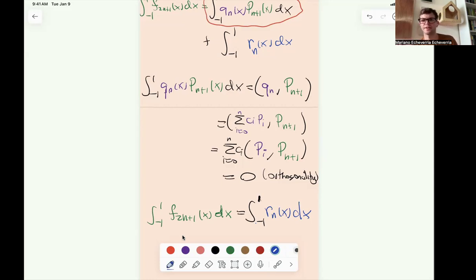And we're almost there. Now it's very cool what's going to happen. We are almost there, because what happens next?